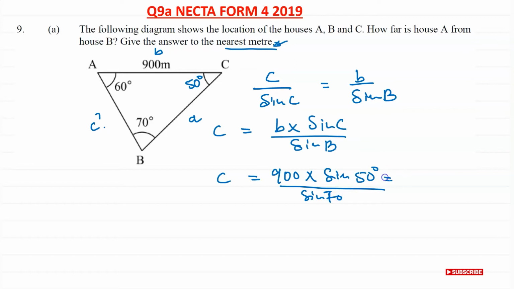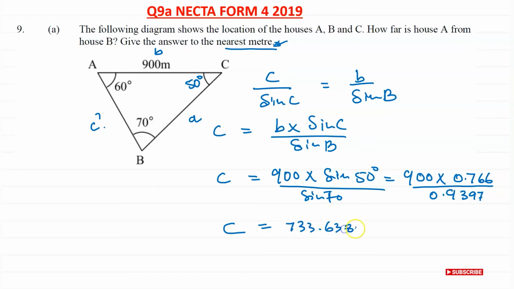If you work this out, you get 900 times sine 50, which is 0.766, divided by 0.9397. You might have to take logs for this, but I'm going to let you do that. I'm just going to give you the answer. This gives c equals 733.638 meters.